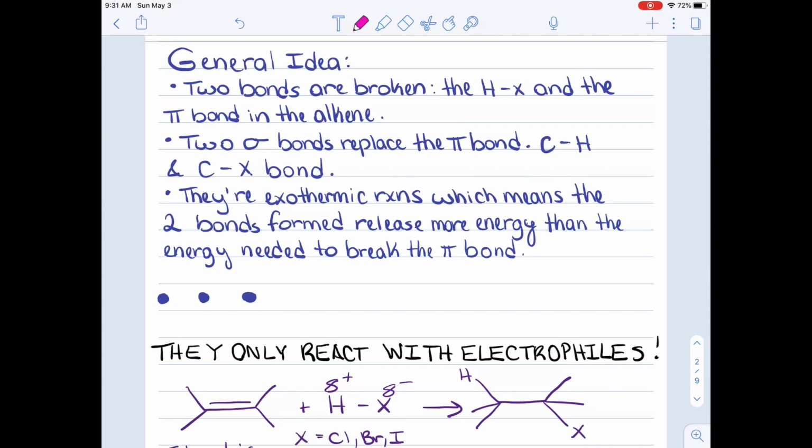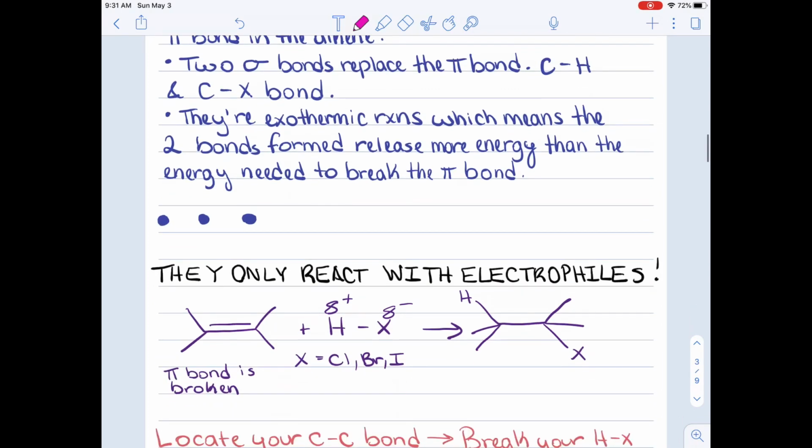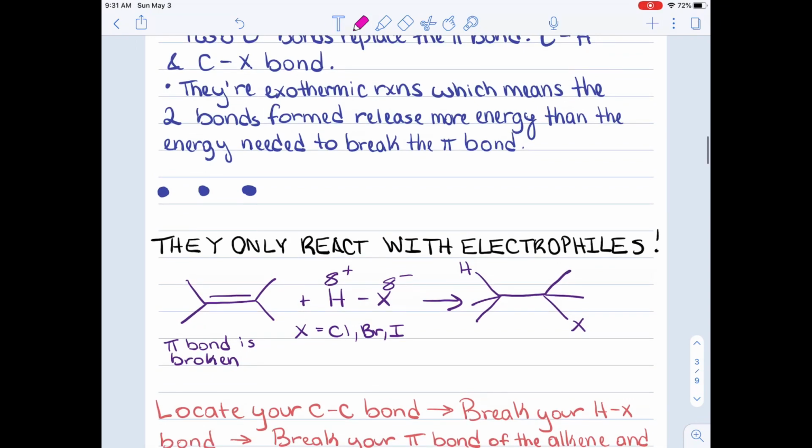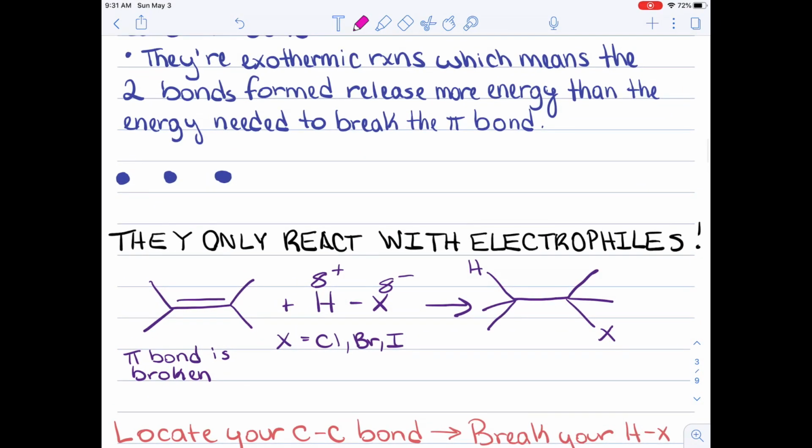The carbon-hydrogen and the carbon-halide bonds are the ones that are replacing these bonds. With all these alkene reactions, they are also exothermic reactions, which just means that the two bonds formed release more energy than the energy needed to break the pi bond. And the most important thing is that they only react with electrophiles.